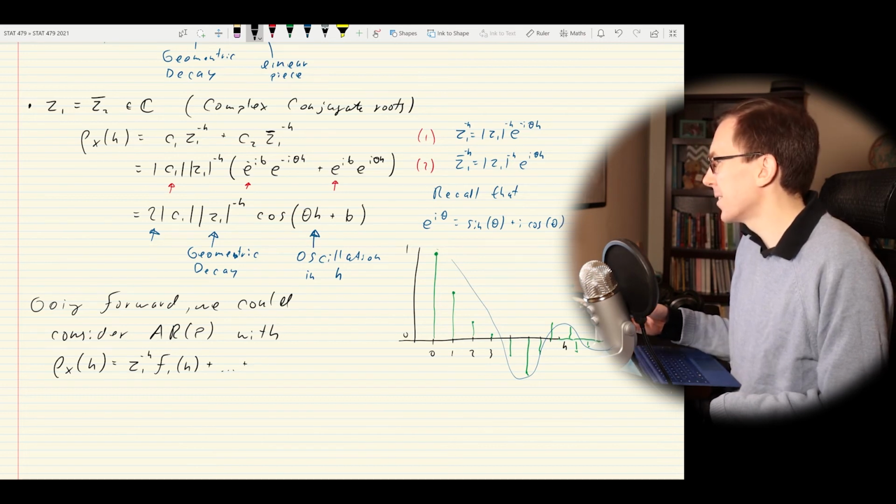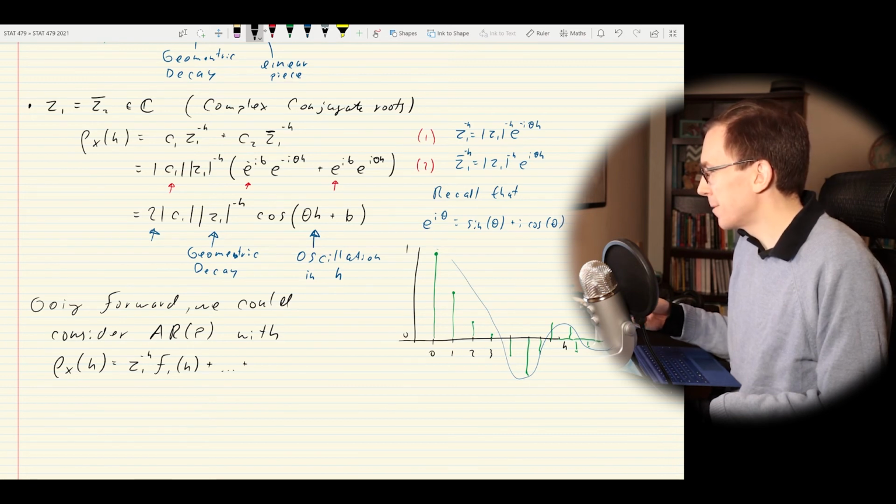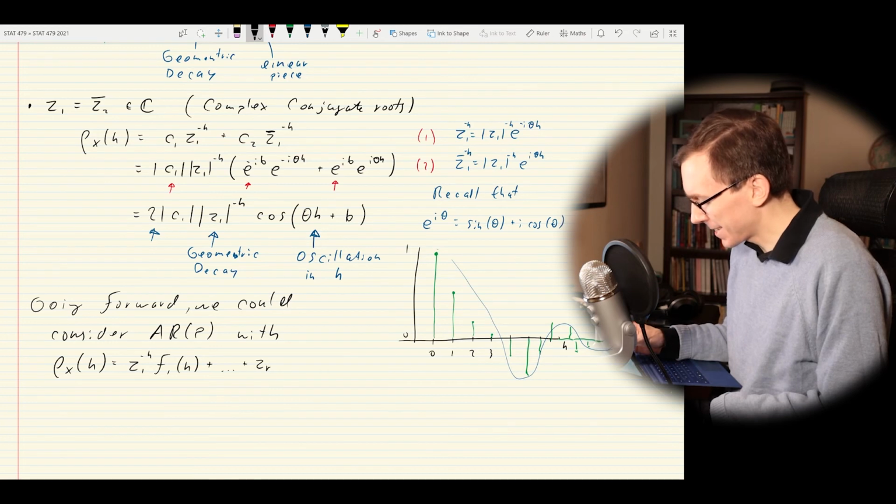Why did I say r? I guess r, because they could have multiplicities. Yeah, that's right. Things get really complicated when you get an AR(p) process.